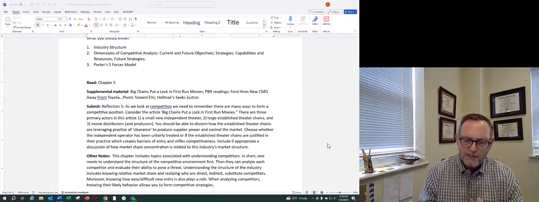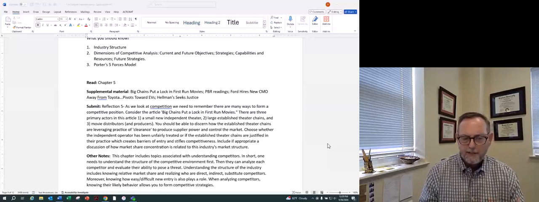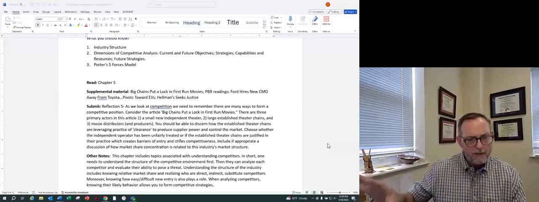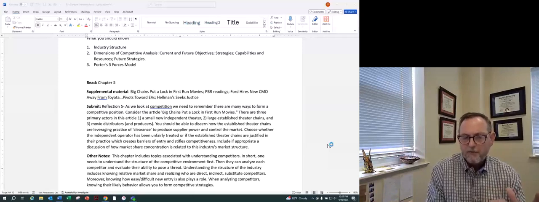I think this is going to be an interesting challenge for you to think about the structure of the industry and how competition is achieved through not necessarily the market. The market's not controlling success here. It's the relationship firms have with each other in a supply scenario.